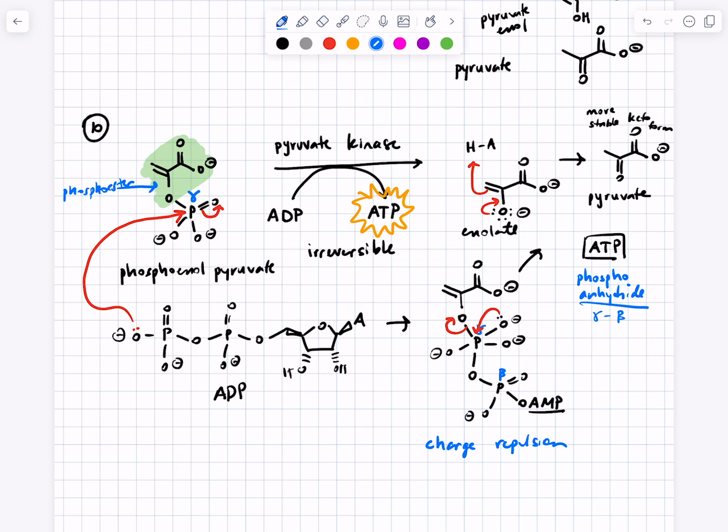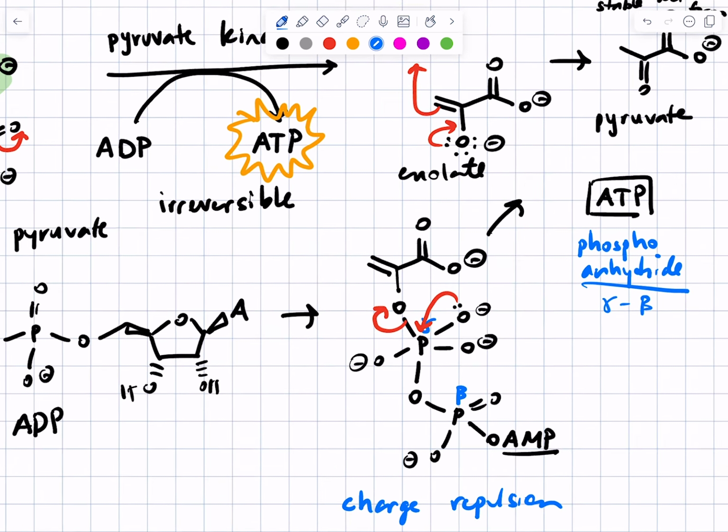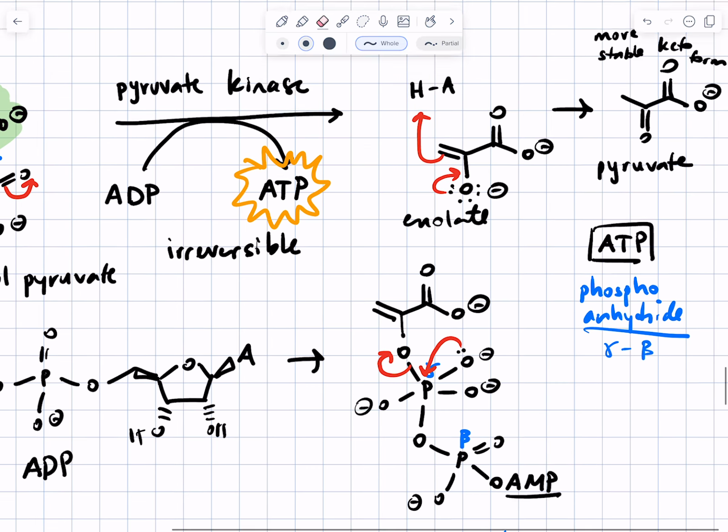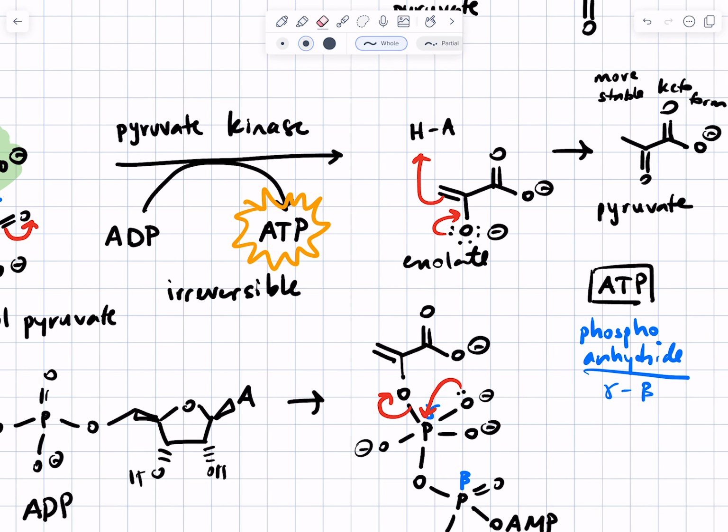Okay, others? Yeah? Where you have the arrow pointing, not from the pyruvate, but the arrow that looks like it's going to ATP, but it's not. What's going on here?